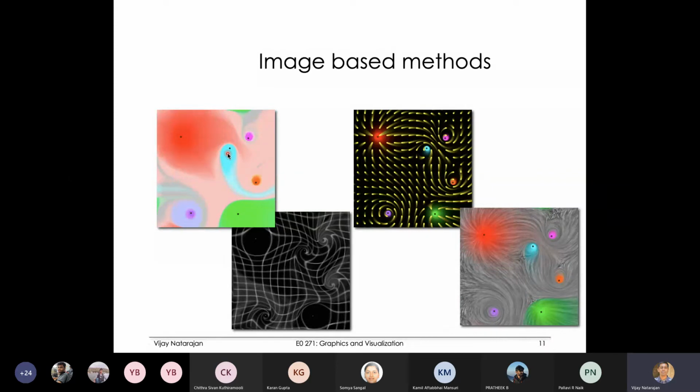This indicates how the vector field affects, for example, color that is sampled within the domain. This is one way of understanding the vector field.